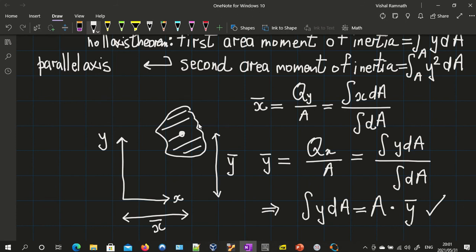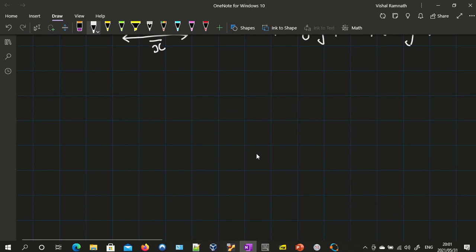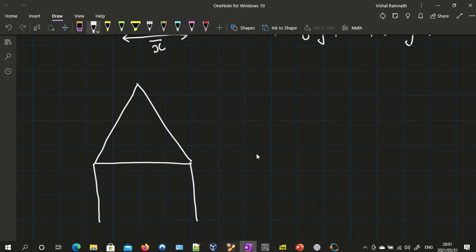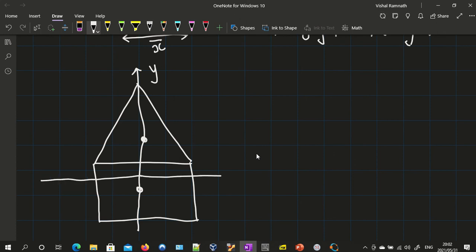Okay, so for our particular problem, what do we have? For our particular problem, we have a triangle sitting on top of a rectangle. We have a y-axis. We've got a centroid. We have a centroid. And we have a z-axis.